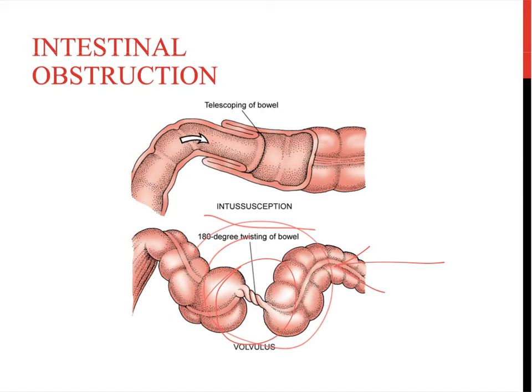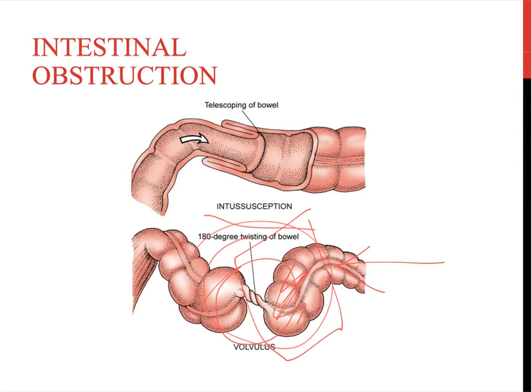If part of the bowel dies due to lack of oxygen to it, they'll have to remove that part of the bowel, and that can lead to shock and a life-threatening situation. So bowel obstructions can typically be identified and treated early, and typically the patient will have good results. However, if it's not identified and treated early enough, it could lead to a very serious situation.